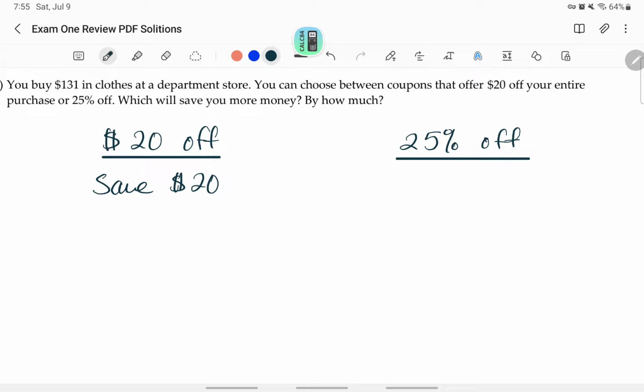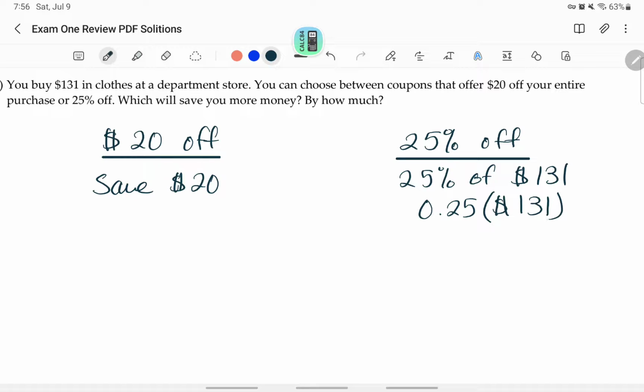When it comes to 25% off, we first need to find what is 25% of our cost. So let's find 25% of $131. So let's multiply that. 0.25 times $131.